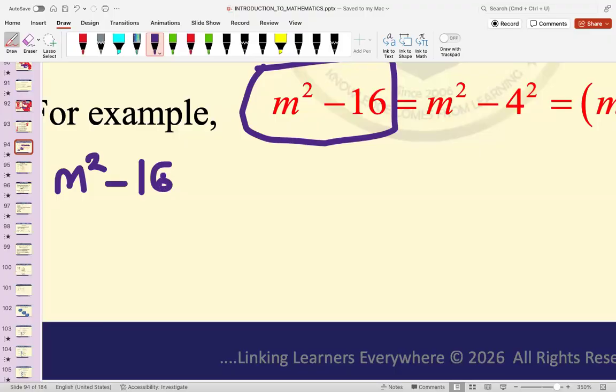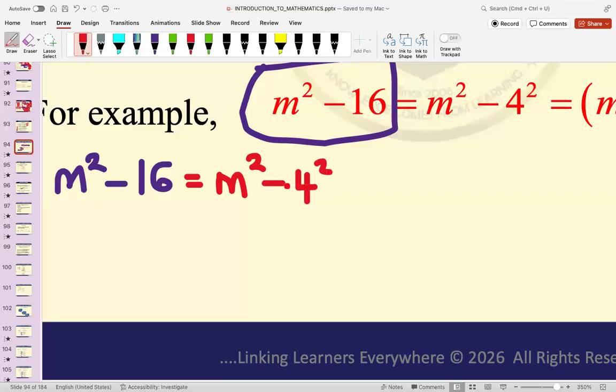Because once you're able to change this 16 into square, then you can use the method we are learning called the difference of 2 squares. And I hope you remember that 16 is the same as 4 squared. So we can rewrite this one as m squared minus 16 is the same as 4 squared.